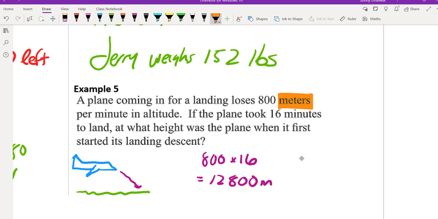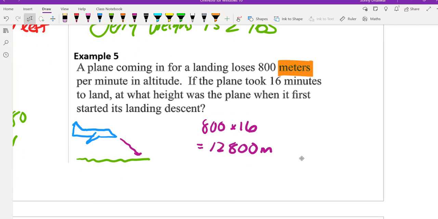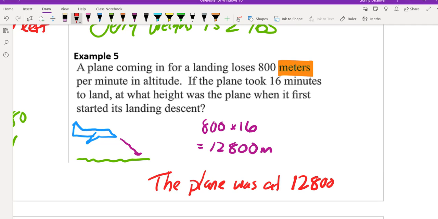So we can give a little sentence. The plane was at 12,800 meters. And that's it. All right.